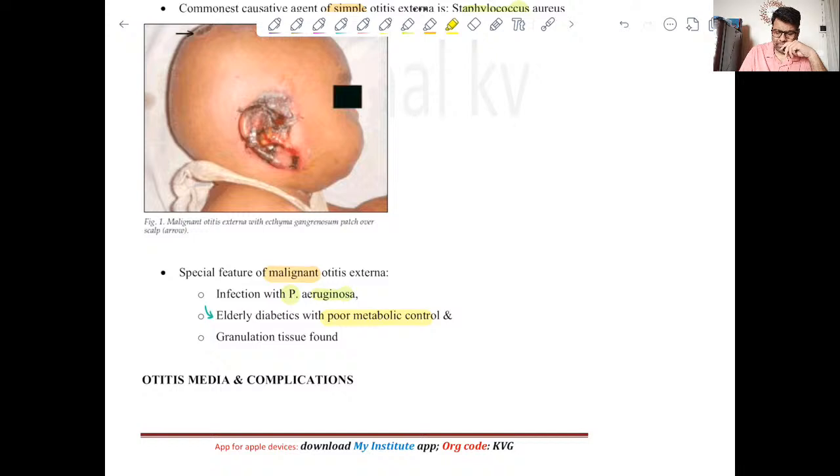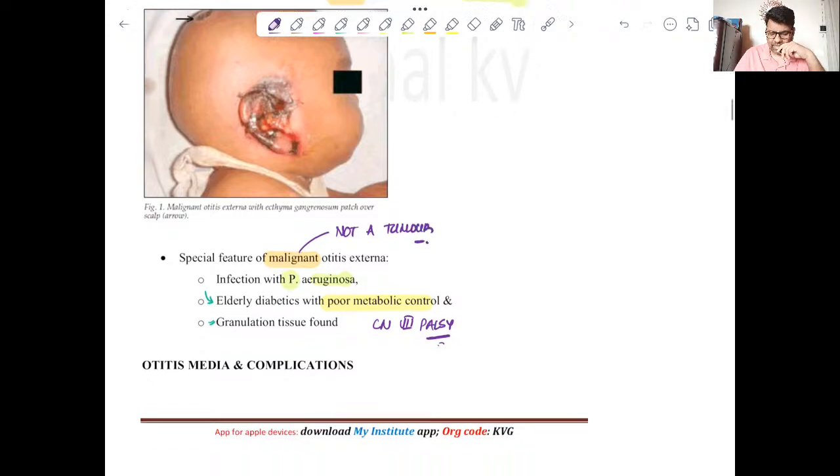And we can see granulation tissue. Sometimes there can be facial nerve palsy as well, right? So the word malignant is there, but it is not a tumor. Clear? So this is malignant otitis externa.